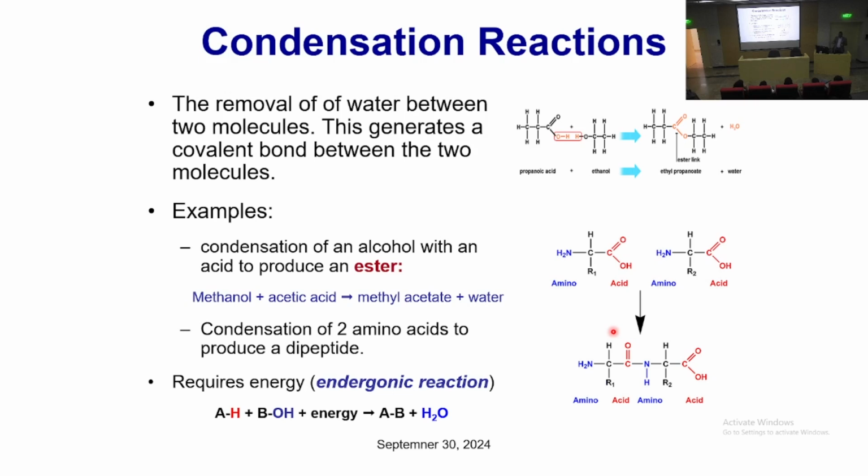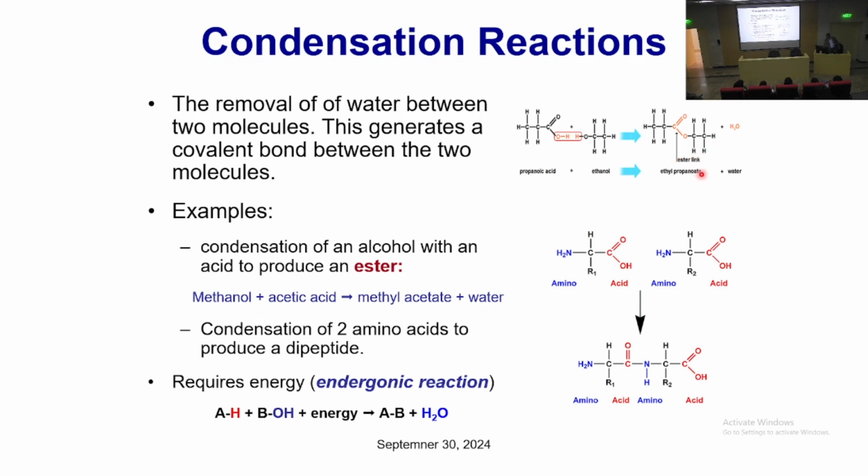So the condensation reaction, as we have seen in the previous slide, we remove water. We will have two molecules, one molecule with a hydrogen group, the other with a hydroxyl group. When they condense together, in this case we have propanoic acid and ethanol. So what happened?